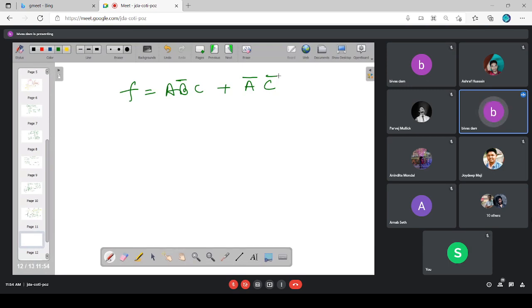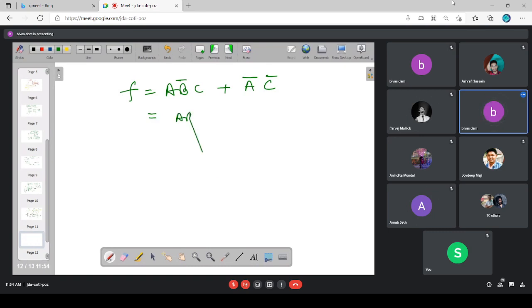Which one of them will you be prescribing for me? NMOS. Fine. Now here you find that 3 inverters are required. One to realize A bar, the other to realize C bar, the other to realize B bar. By the way, is this in SOP or POS? SOP. So you have to go for the NAND and AND operation.